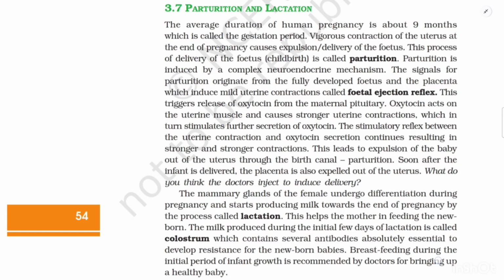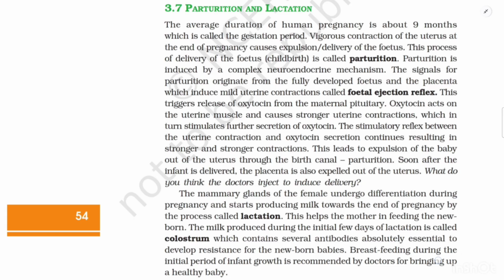The signals for parturition originate from the fully developed fetus and the placenta, which induce mild uterine contraction called fetal ejection reflex. This triggers the release of oxytocin from the maternal pituitary. Oxytocin acts on the uterine muscles and causes stronger uterine contractions, which in turn stimulates further secretion of oxytocin.